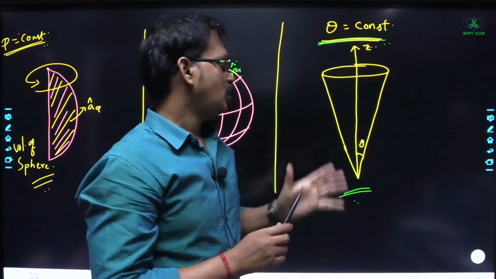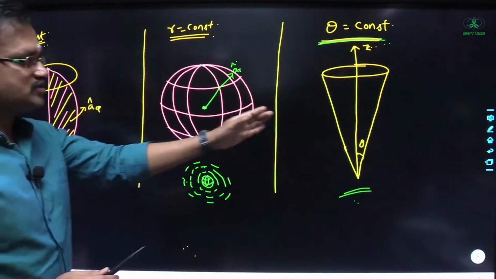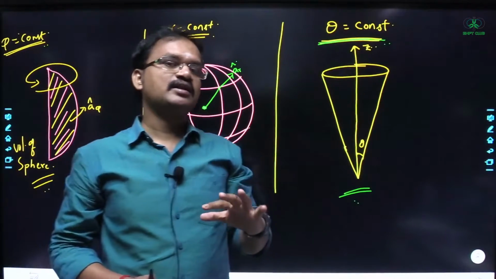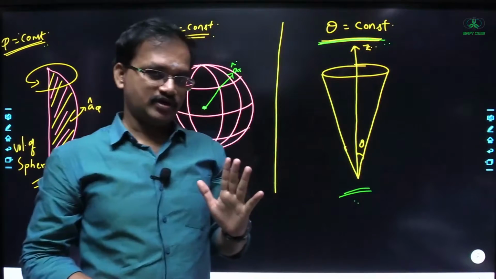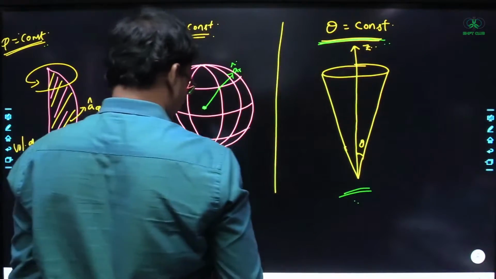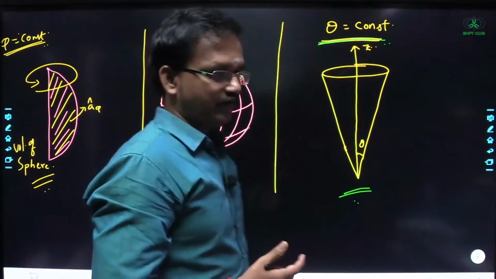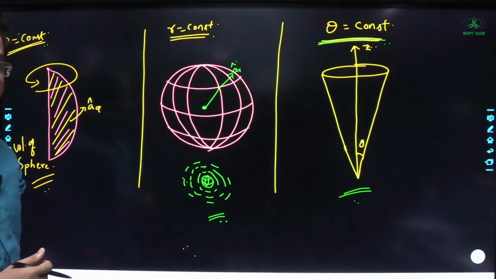So that is what I am saying: you can take any of these three surfaces and extend those surfaces in their perpendicular direction, and you are going to get the volume of the sphere. I have not explained this point in the previous lecture because of the time factor, so that is why I am explaining it here.